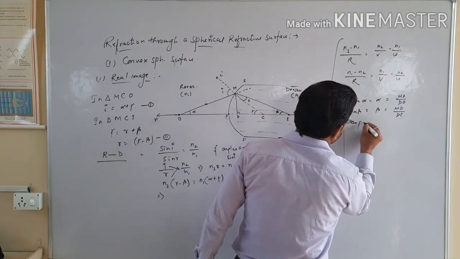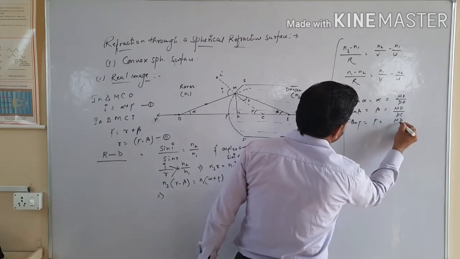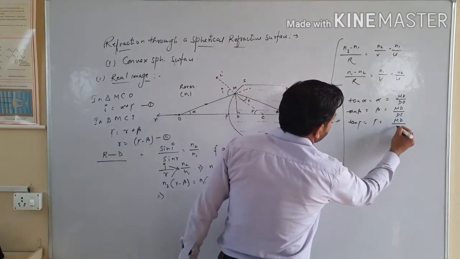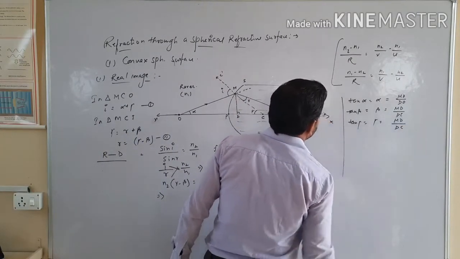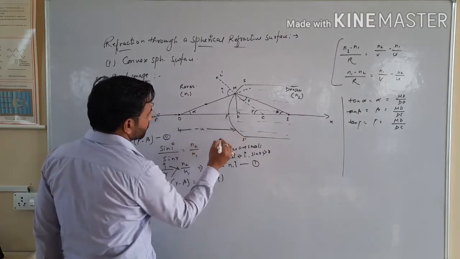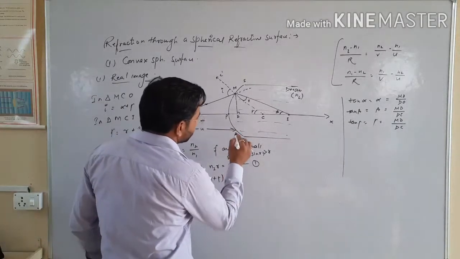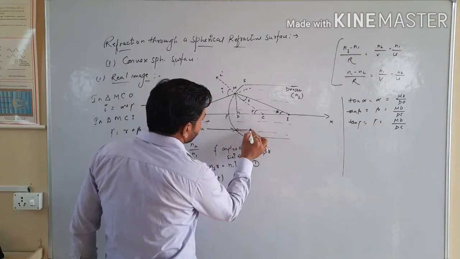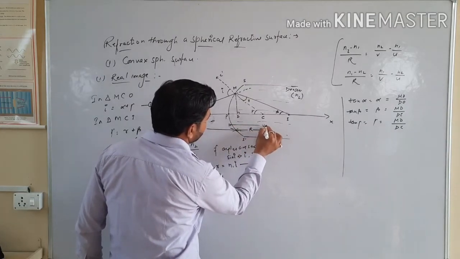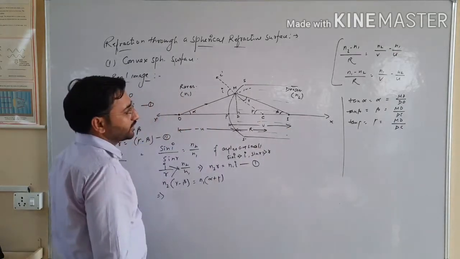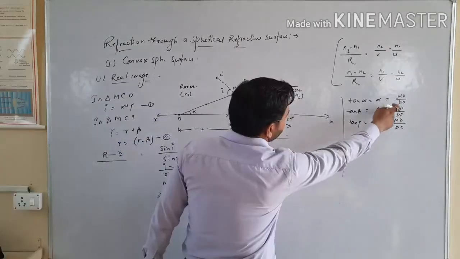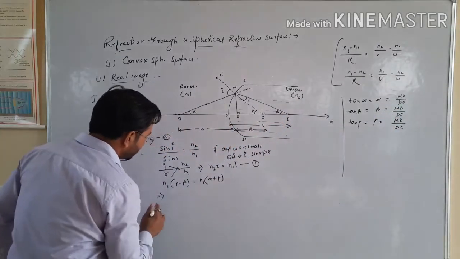Similarly tan gamma, which equals gamma, and it is also equal to MD over DC, the distance of C. And you can add one thing here: the distance of object from pole is minus u, and similarly the distance of C from pole is R, and the distance of image from pole is V, by using sign convention. So here you will put these three values in this equation one by one.